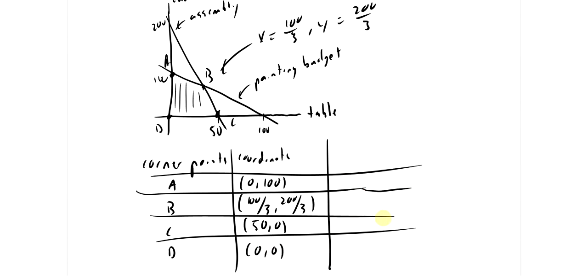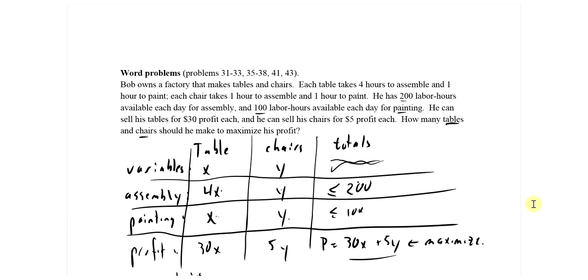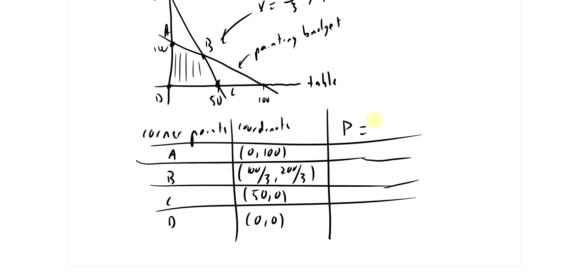And then we want to maximize P equal to, what's my profit function? Profit function, 30x plus 5y. We want to maximize that. So we just take our x's and y's and plug them into this function and see what I get.